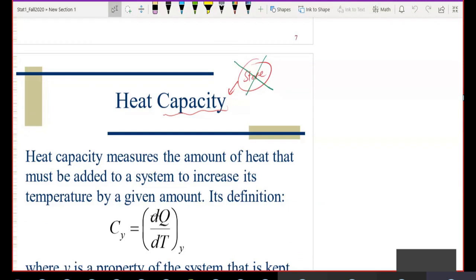So by heat capacity we mean some heat required.